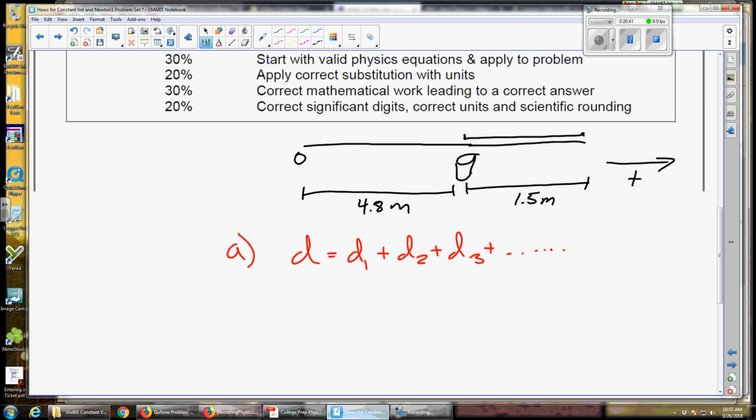How many position measurements do I have here in the whole path? 3? Do you guys agree? Okay. So the distance is going to be the first distance it covers, which is 4.8 meters, plus the next distance it covers, 1.5 meters, plus the last distance it covers, 1.5 meters, giving me 7.8 meters.